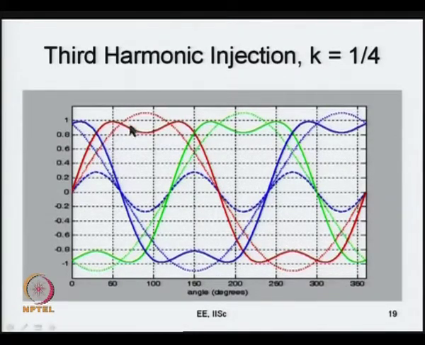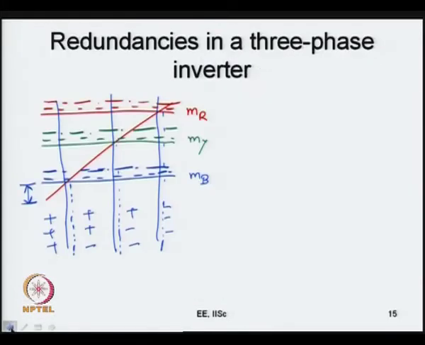That is lower for k equals 1 by 4 than it is for k equals 1 by 8 or k equals 1 by 6. So, it has been found to be optimal. What it really does internally is divide these two zero state times equally, plus plus plus and minus minus minus, making them more or less equal.